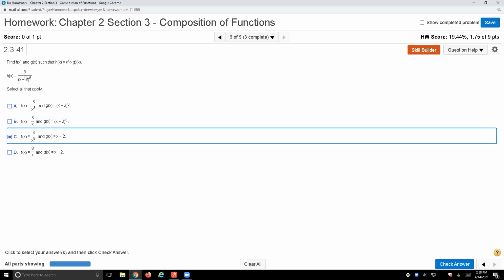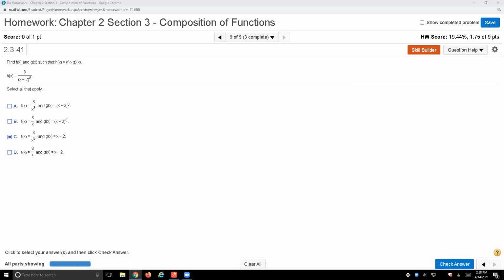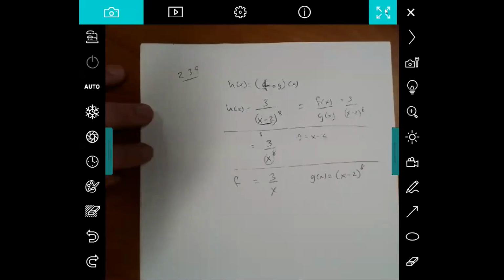Inside here, there has to be an f of x and a g of x. Inside the parentheses might be the g.